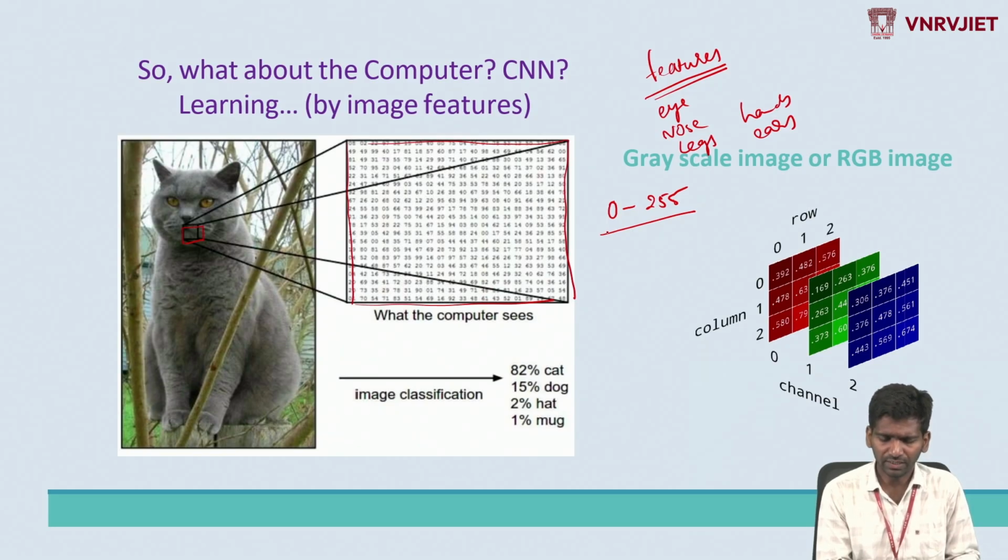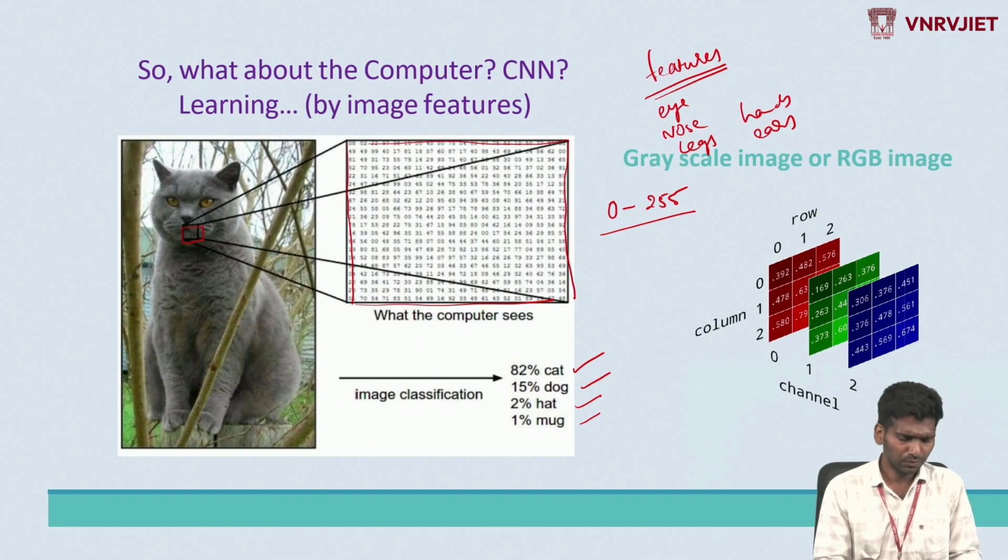Okay, so if I train this model and give it random images, it may predict 80% to be a cat, 15% appearing like a dog, 2% appearing somewhat like a hat, 1% appearing like a mug, depending upon the size, the color, or whatever it may be.